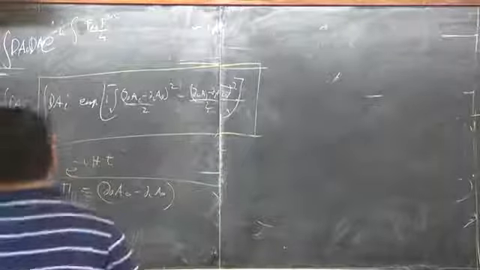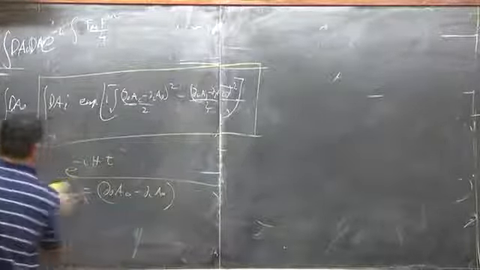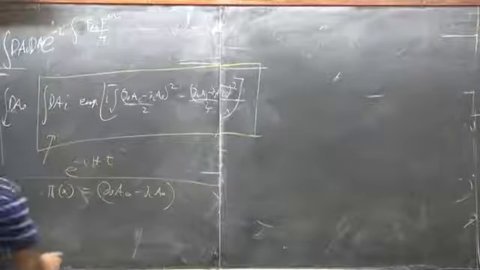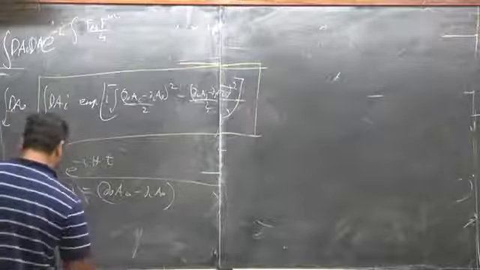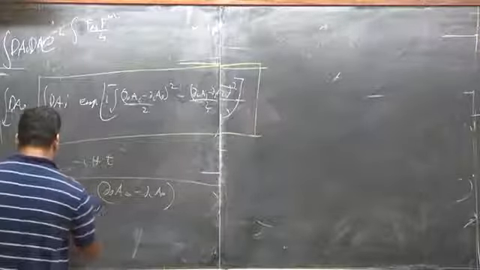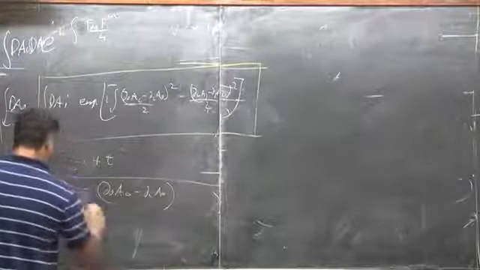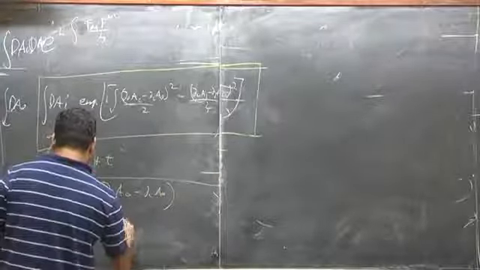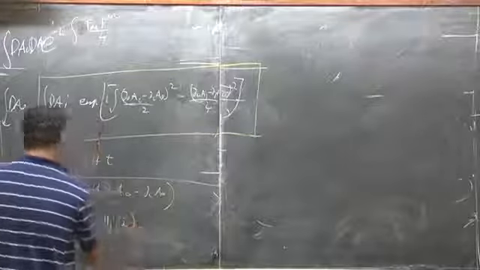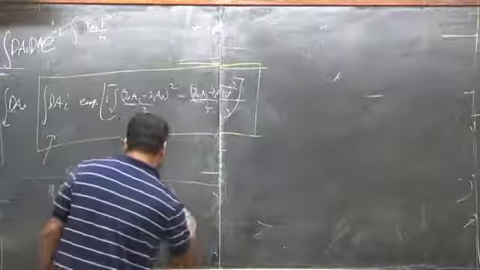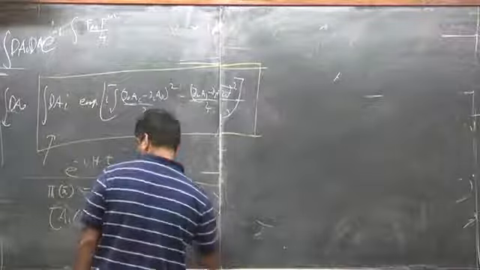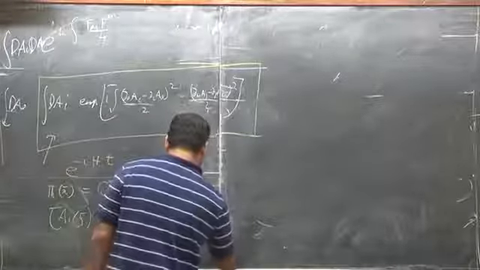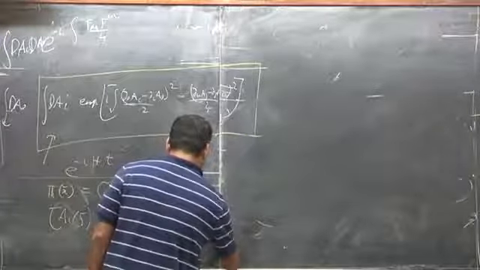Let's suppose I define this to be phi I of x. We will have the commutation relations: AI of y with phi J of x is equal to i delta ij times delta(x minus y).